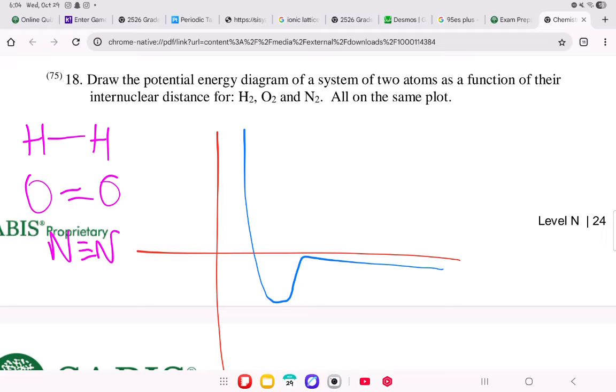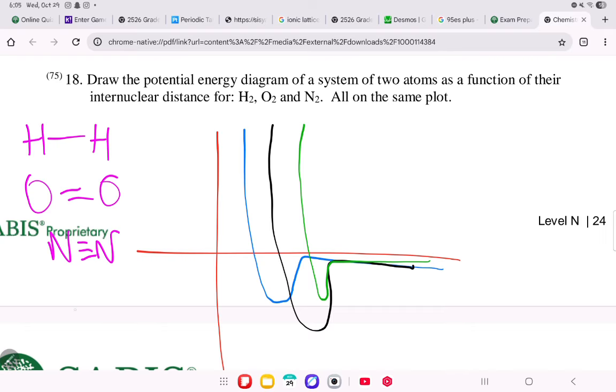And it needs the most amount of energy. So if we were to draw it, it would look something like this. There we go. This is N2. And then last but not least, let's say I choose green as O2. O2 probably has the longest bond, but requires not as much energy as nitrogen. So this is what our graph is supposed to look like. So that is it for question number 18.